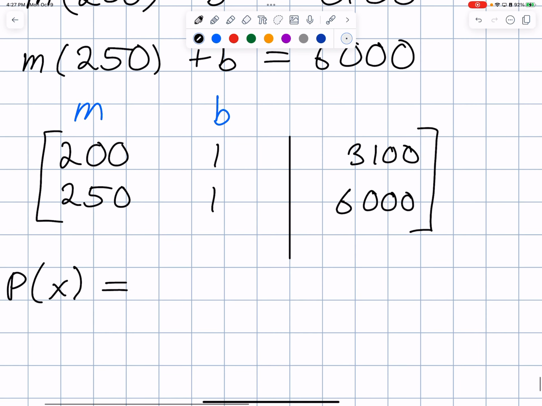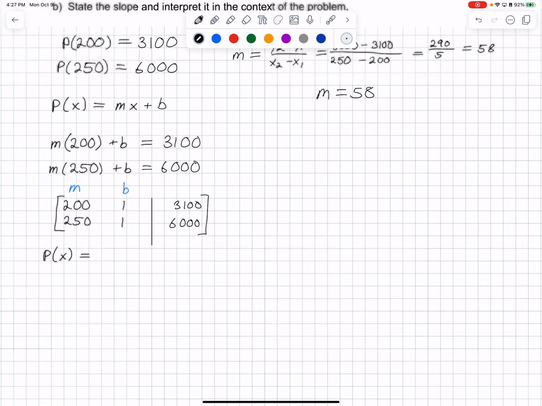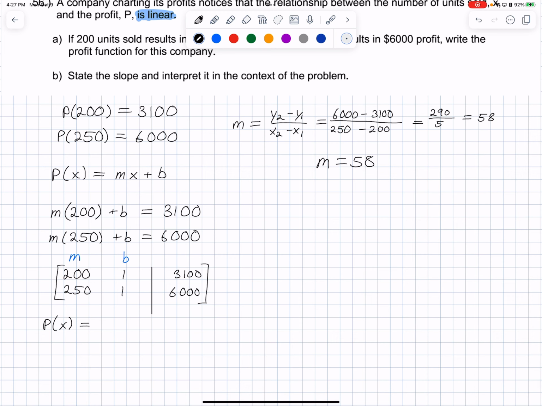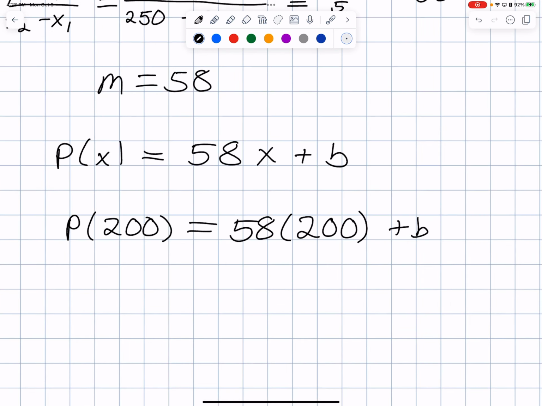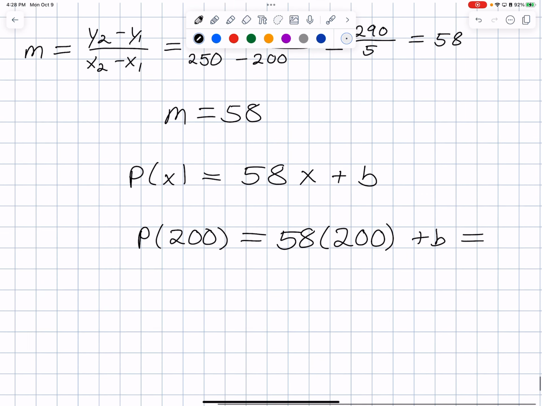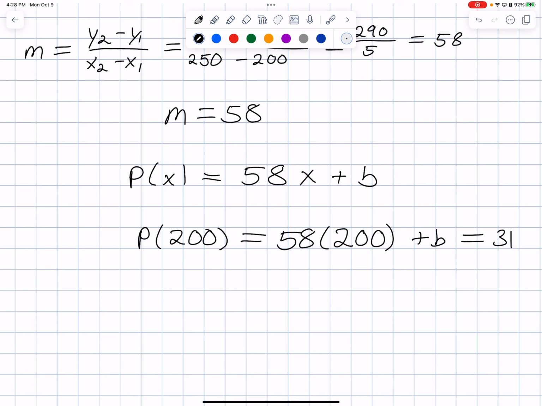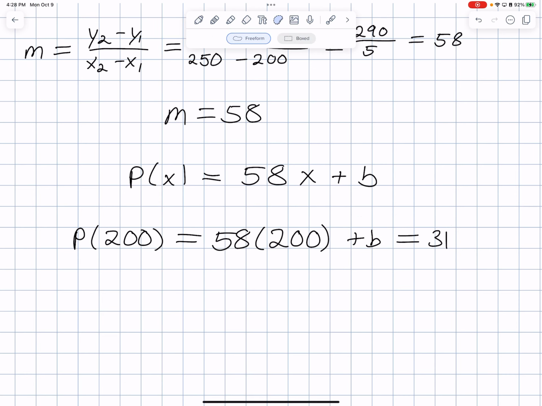You would get m equals 58. And then to find b, I just plug it in. I say, well, P of x is equal to 58x plus b. I don't know what b is, but I do know that P of 200, which is just 58 times 200 plus b, I know that equals 3,100. And then that's just a linear equation that you can solve.